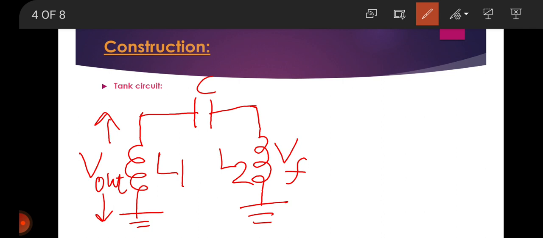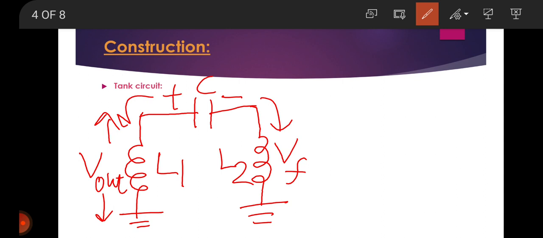So see the circuit operation. When the circuit is switched on, the capacitor is charged. When this capacitor is fully charged, it discharges through coils L1 and L2. This discharge sets up oscillations of frequency f.